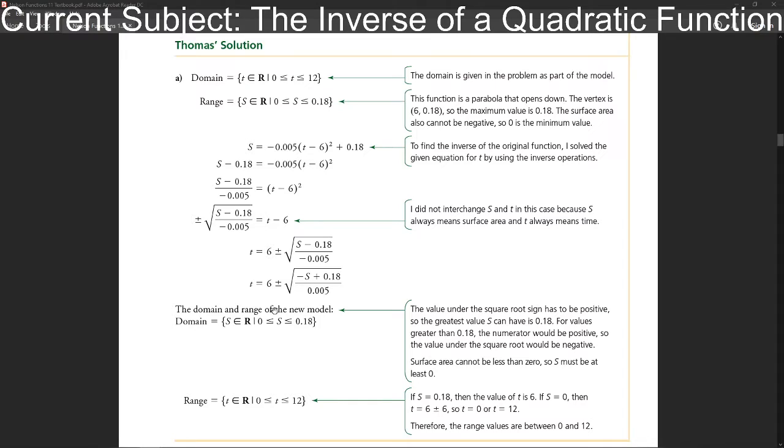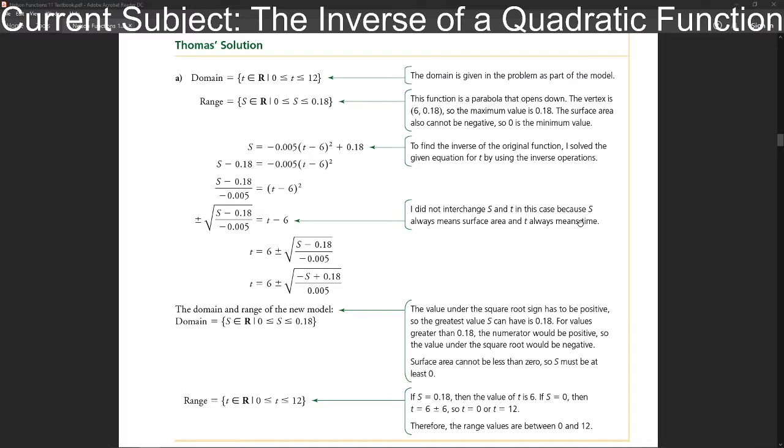Oh, no, wait. To find the inverse of the original, I solved the given equation for t by using the inverse operations. I did not interchange S and T in this case because S always means surface area and T always means time. Oh, okay.